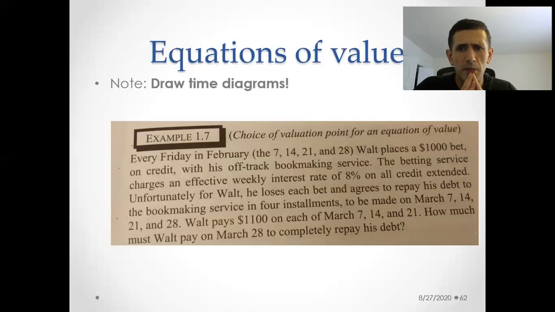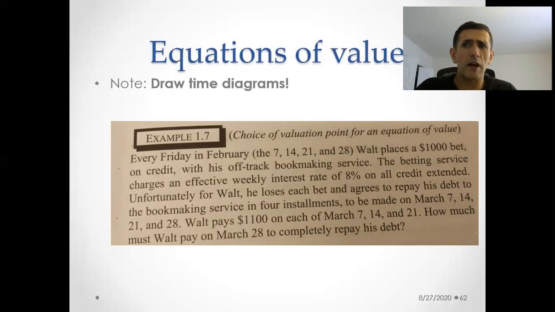Okay. Unfortunately, he loses each bet and agrees to pay his debt in 4 installments to be made March 7th, 14th, 21st, and 28th. The payments are $1,100 on the 7th, 14th, and 21st. How much does Walt have to pay on the 28th to completely repay his debt? So the basic idea is very simple.